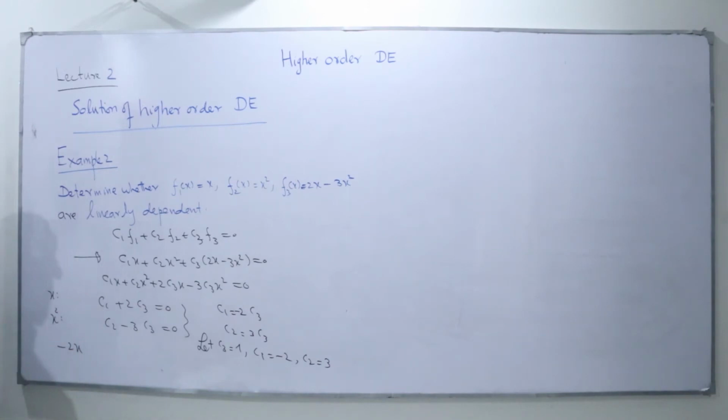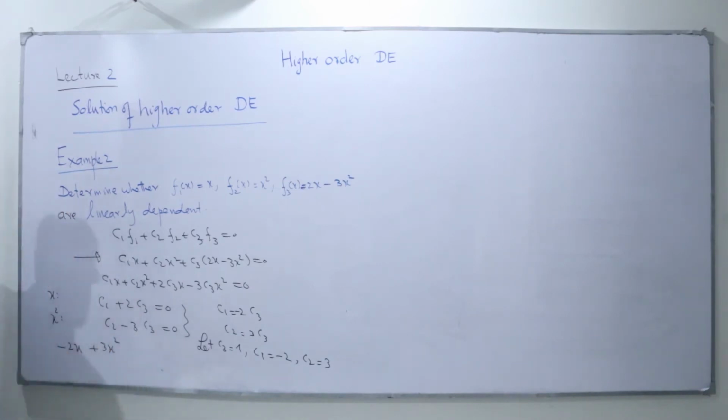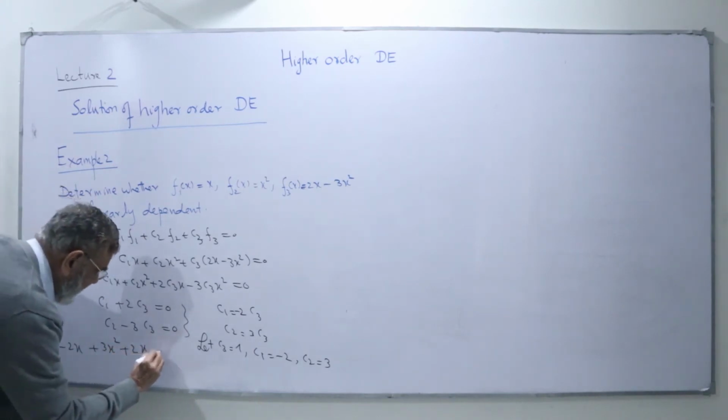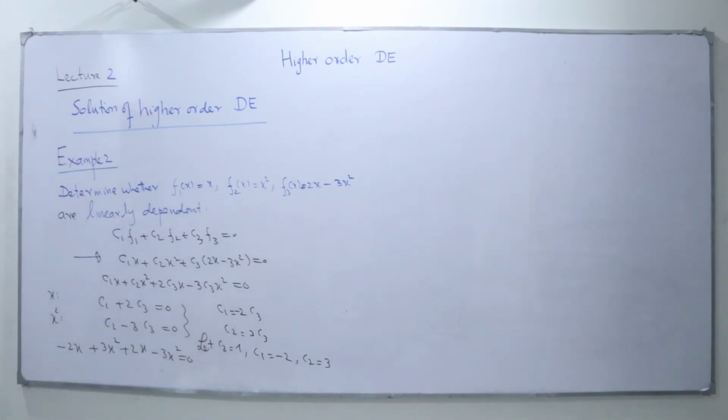2x, then c2x squared, where c2 is 3, plus 3x squared, then c3 is equal to 1, plus 2x minus 3x squared equal to 0. We compare the right hand side and left hand side and see the result.